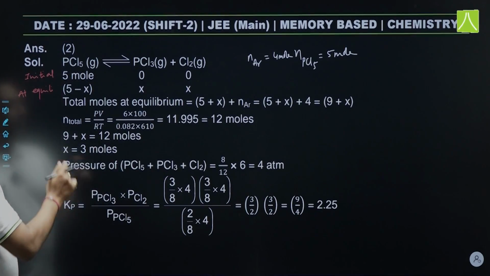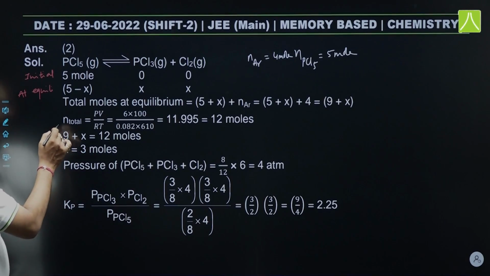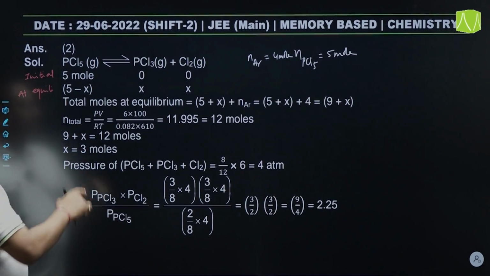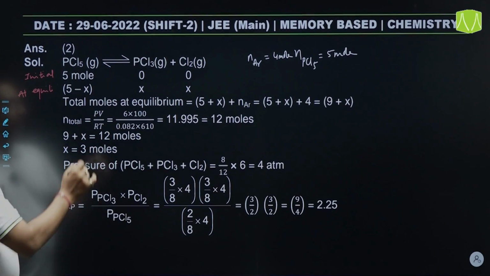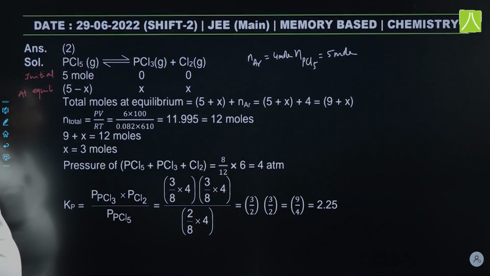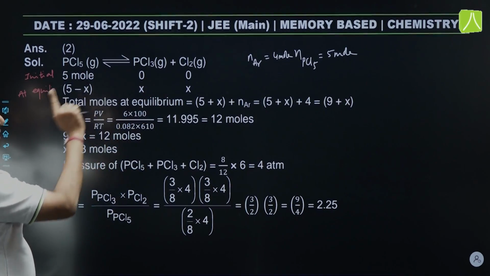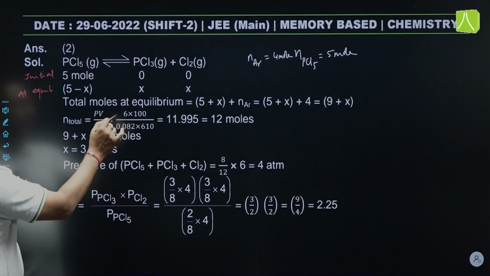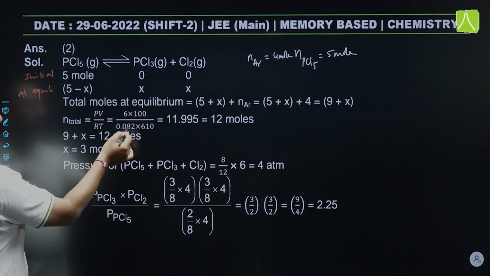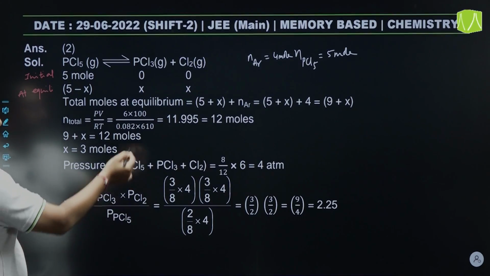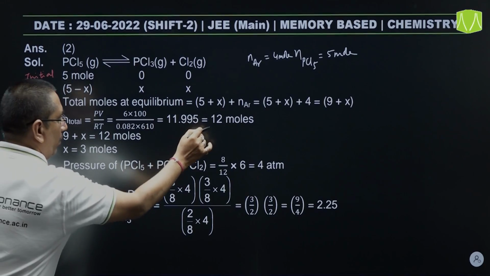Now, by using the ideal gas equation, we are again calculating the total number of moles, that is total number of moles equal to PV upon RT. Here total pressure at equilibrium is given, including this gaseous mixture pressure and argon gas pressure, it is 6 atm, and volume is 100 liter and R value 0.082 and temperature is 610 Kelvin, and on solving you will get 12 moles.